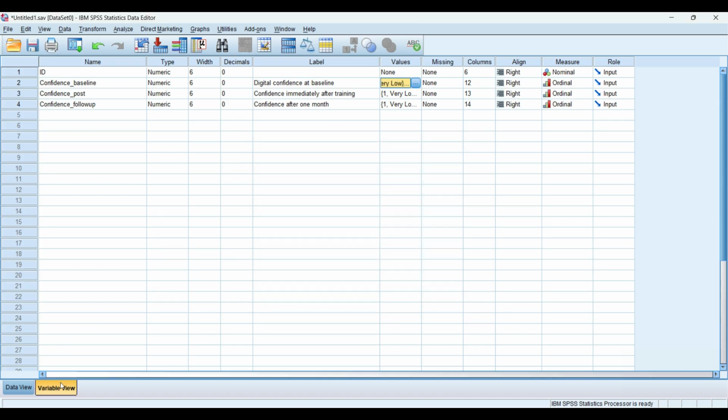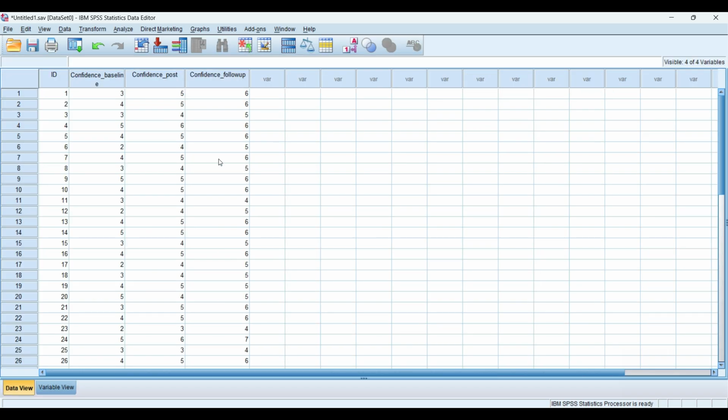Okay, so now we go to the data view and you can see our data set. Our objective is to determine whether digital confidence changed significantly across these three measurement occasions or not. After performing the Friedman test, we will use the Wilcoxon signed rank test as post-hoc comparison to identify which measurement occasions differ from others.